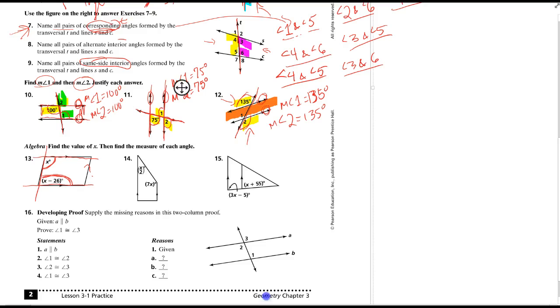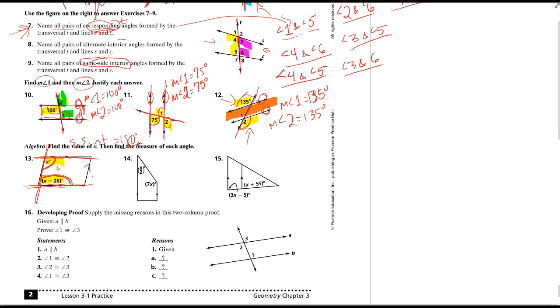If this is parallel lines cut by a transversal, then these angles would be same side interior angles. Same side interior angles add up to 180. So they're supplementary. So that means x plus x minus 26 should add up to 180.